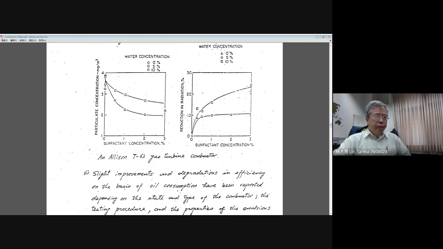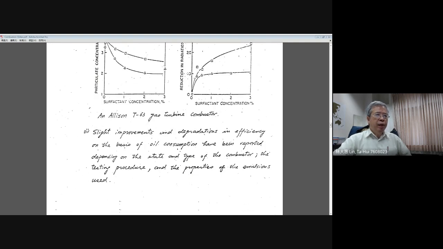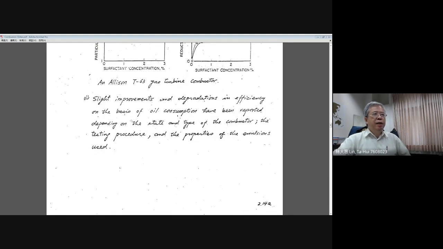Okay, but in their experiment, they mentioned there is a slight degradation in efficiency on the basis of oil consumption. Definitely, because in the case when you add water in, you will reduce a certain amount of oil, and the water will absorb heat.